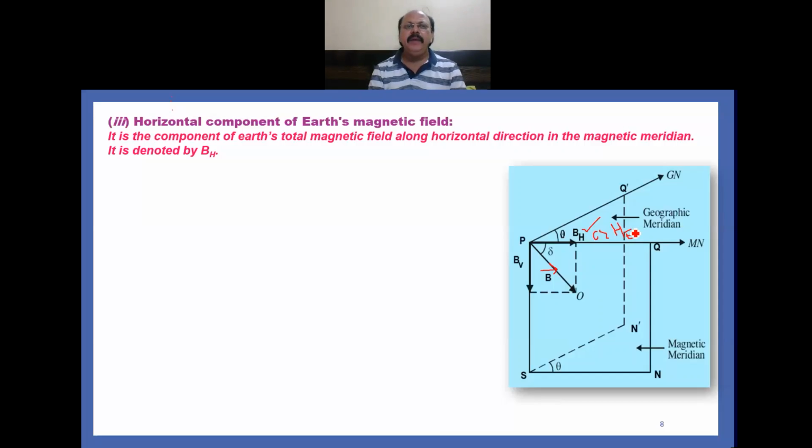Generally we write BH, and its vertical component is BV. So how can we define the horizontal component of Earth's magnetic field? It is the component of total magnetic field intensity of Earth along the horizontal line of magnetic meridian, that is BH or HE.